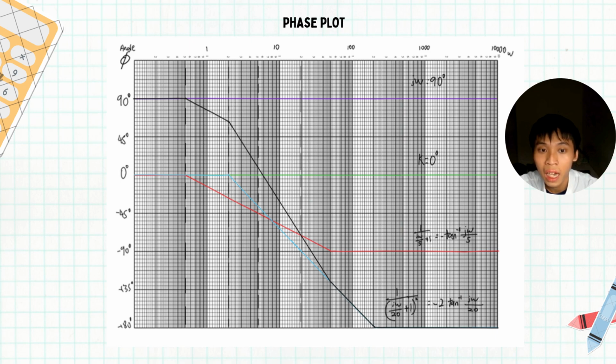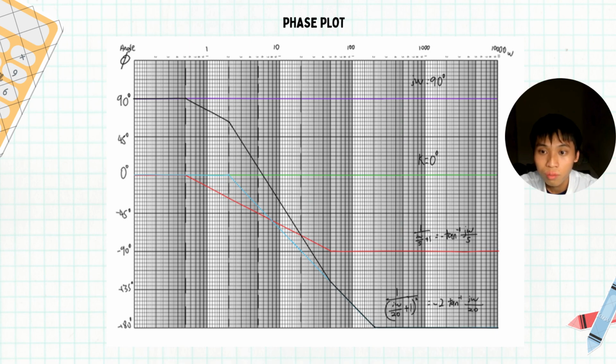Next, we can see the red line is the single pole at omega equals 5. It creates a phase lag from 0 to negative 90 degrees, crossing exactly through negative 45 degrees at its corner omega.